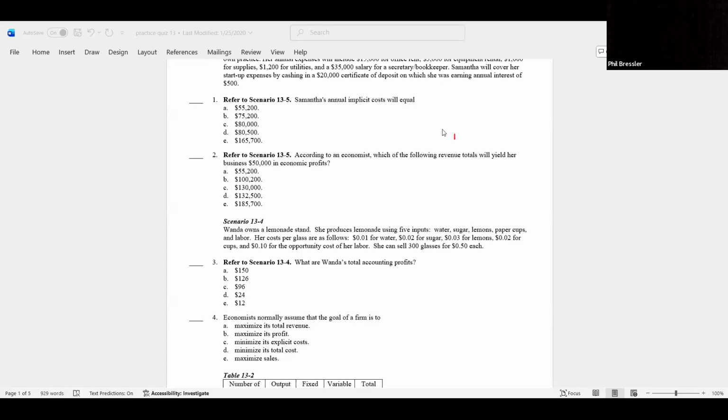If they ask for accounting profit, I'm going to take the total revenue, 150, and then I'm going to do 8 cents for explicit cost times 300 glasses and get $24 in cost. So it'd be 150 minus 24. If they ask for economic profit, I'm going to do the 300 times 18 cents because it's implicit and explicit cost. Okay?